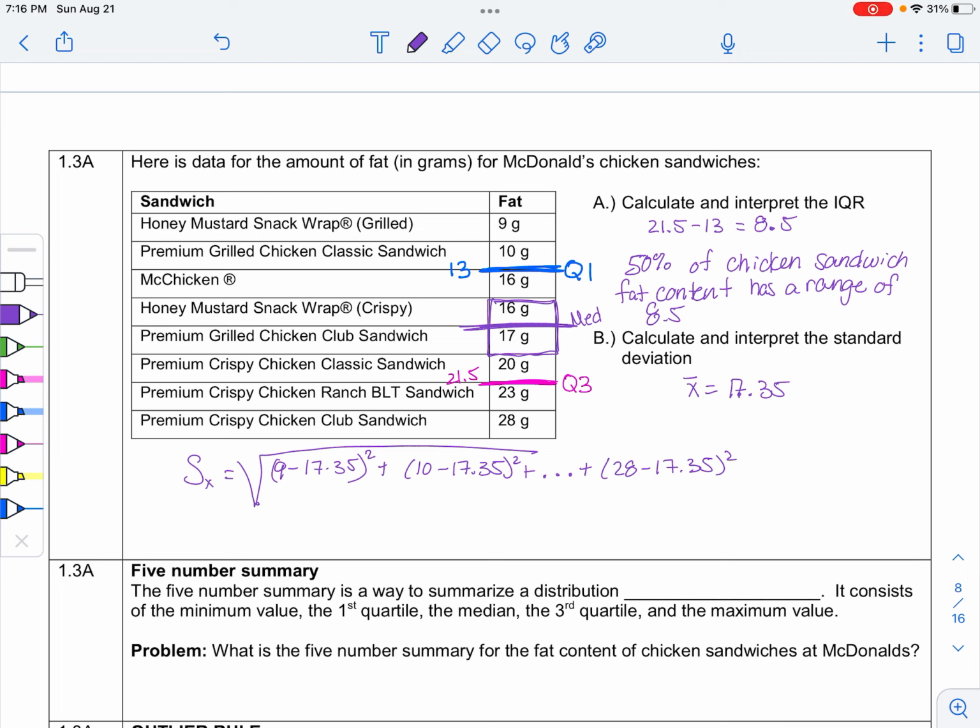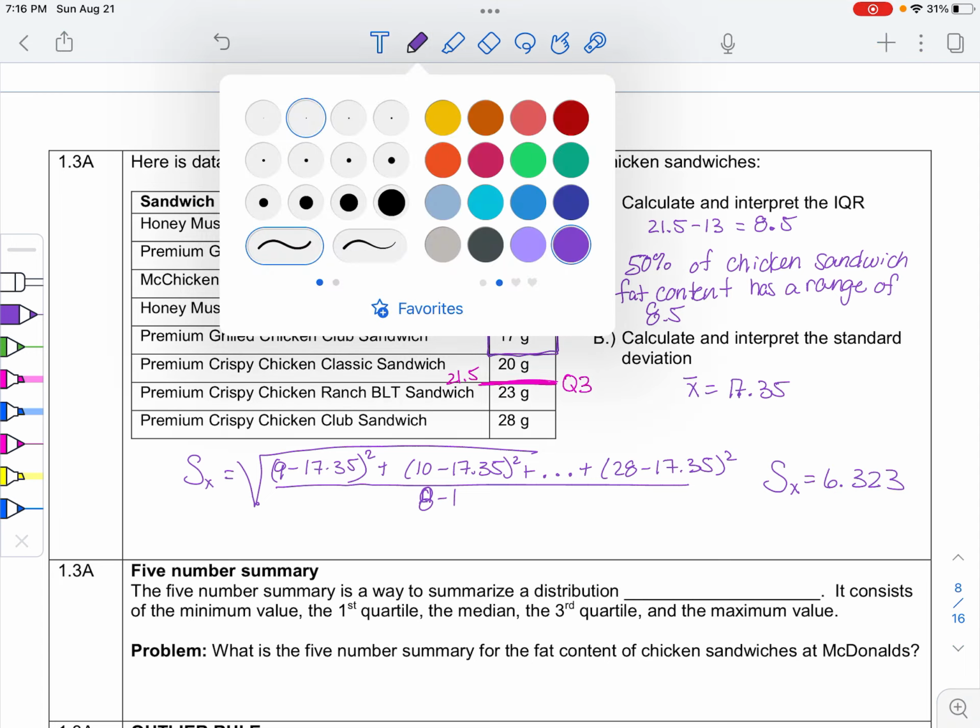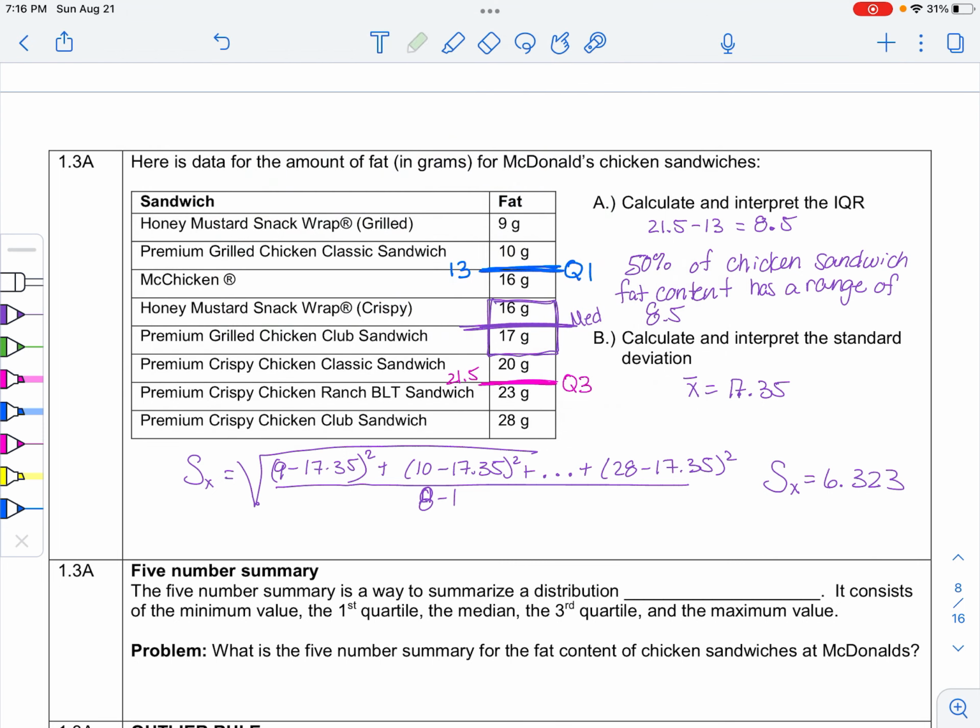And all of that would be divided by, again, this is your n minus 1, which in our case is 8 minus 1. Our standard deviation then gets calculated out, so we would say Sx equals 6.323.